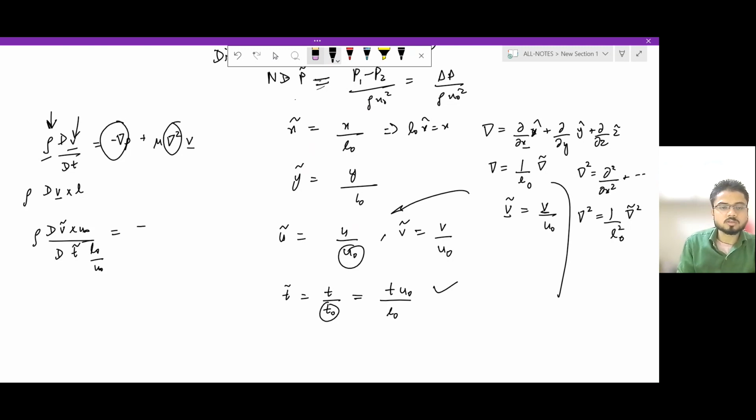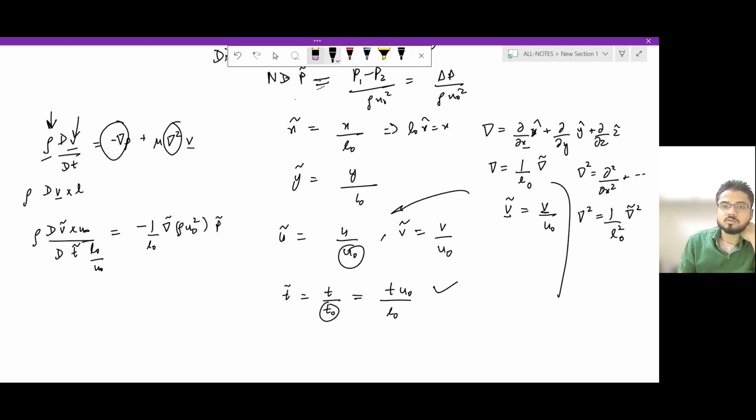And grad becomes 1 over L naught grad tilde, and going from p to p tilde would give you something like rho u naught squared times p prime.